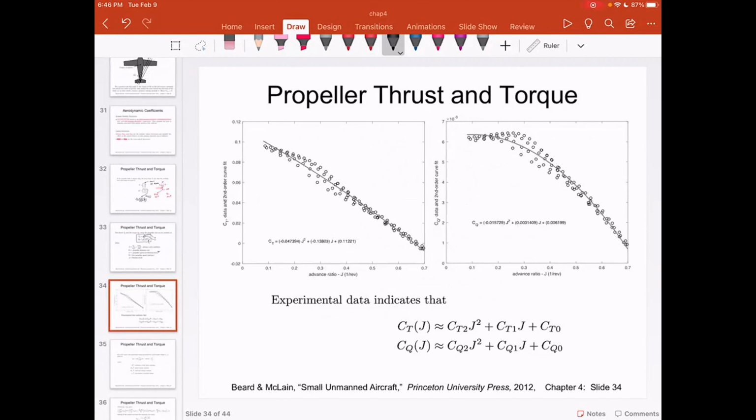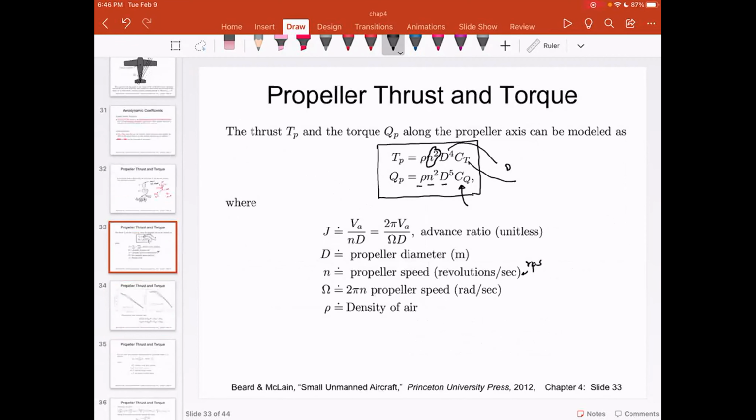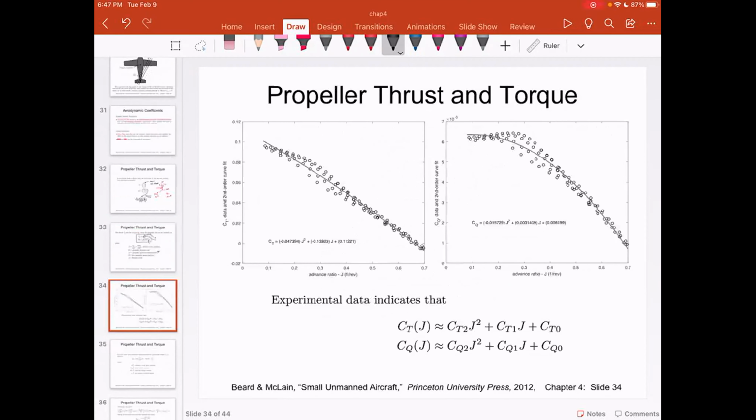So if you are going to use a prop and attach that to a motor, if you know the speed of the motor, if you know the diameter of the shaft, you can find the thrust. And that's what the prop is going to give you. If you look at the prop thrust versus torque, this is the relationship. You have CT versus advance ratio and CQ versus the advance ratio.